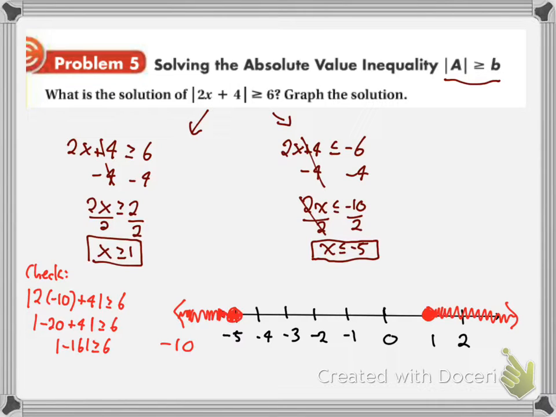So the absolute value of negative 16 is positive 16, which is in fact greater than 6, and I'd be good to go here. So even though this value of negative 10 is negative, as I go further and further out to the left and get bigger negative numbers, when I plug that in, the absolute value is going to be positive. So the further I go to the left, or the further I go to the right, or the bigger values that I have, I'm going to continually have numbers that are greater than positive 6.